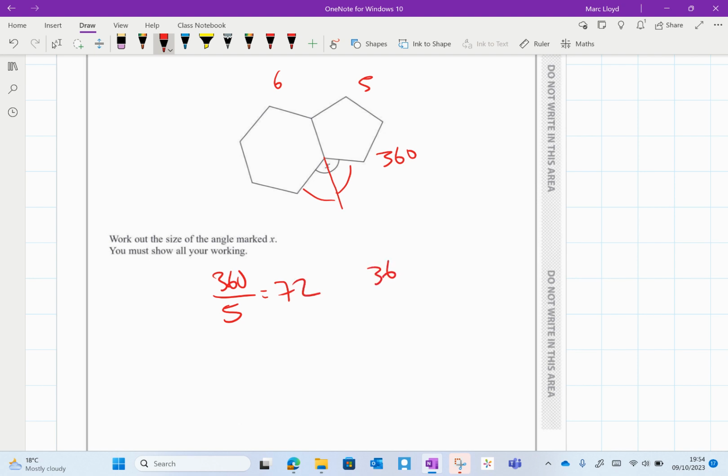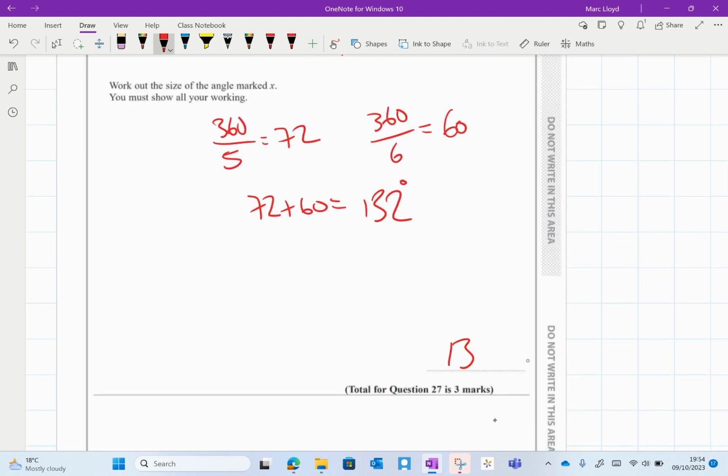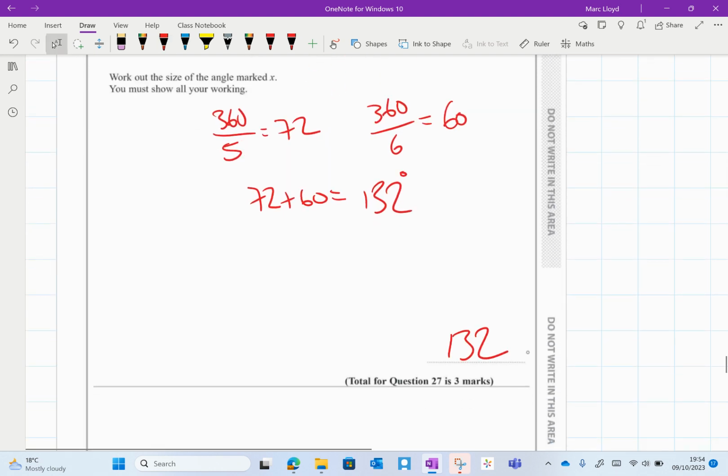And then 360 divided by 6 is 60. And then we just add those two together, which gives me, I better show my working, 132 degrees, because this is an exterior of a pentagon, it's an exterior of a hexagon, and we just add those together. So 132.